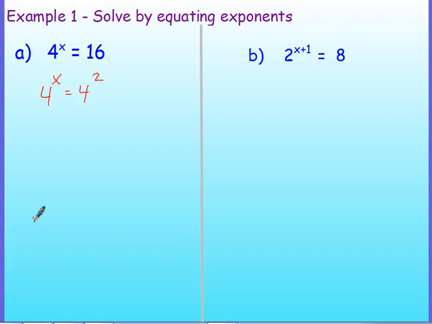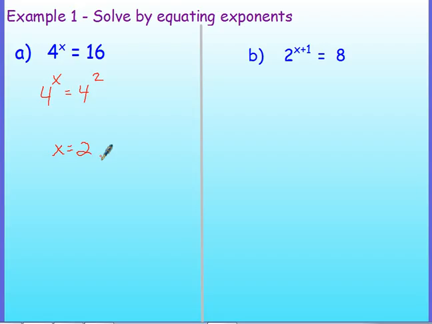Okay? 4 to the x power equals 4 to the second power. Now that my bases are the same, you just ignore them, and I have a new equation with just my exponents, and it would be equal to what? x equals 2. You guys remember that? We good with that? That was from the lesson before last. So the last lesson was the whole switching exponentials to logarithms and all that. Remember that?